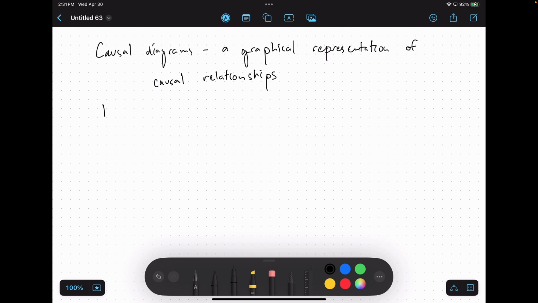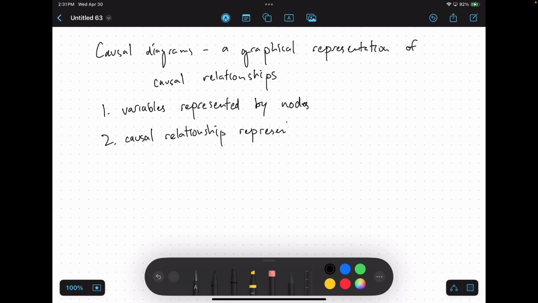Okay, so what do these look like? One, you have variables represented by nodes. And two, a causal relationship represented by an arrow from the cause variable to the caused variable.